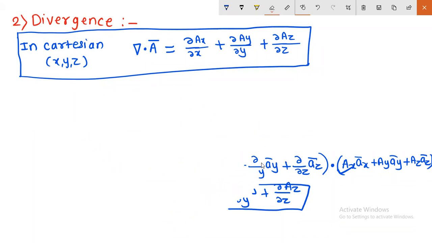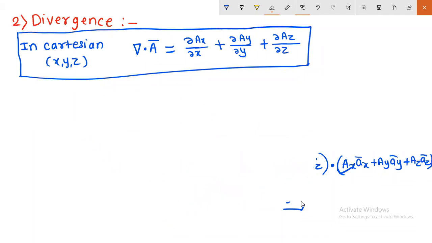Then we can similarly write this in cylindrical and spherical coordinate systems.